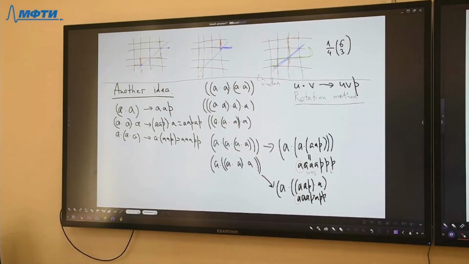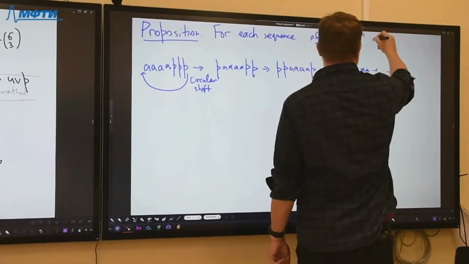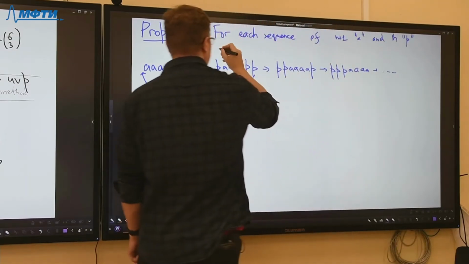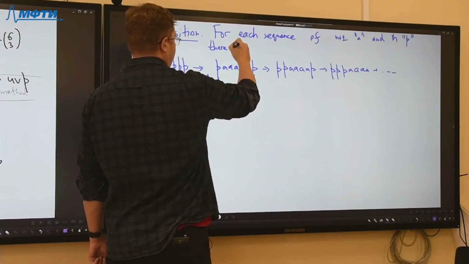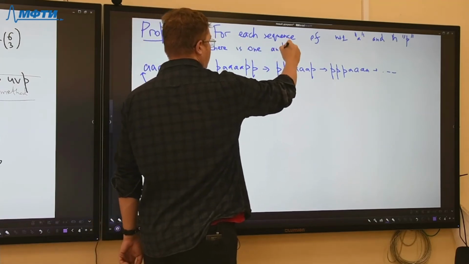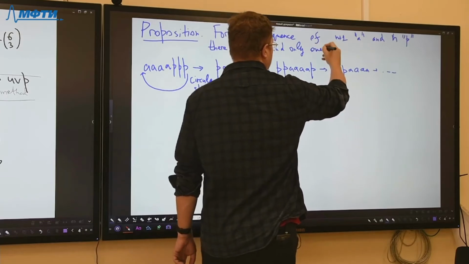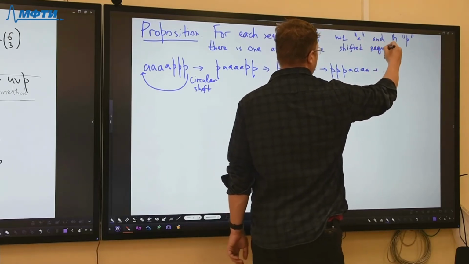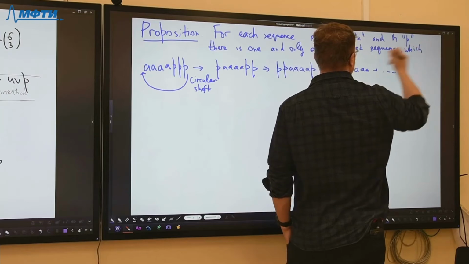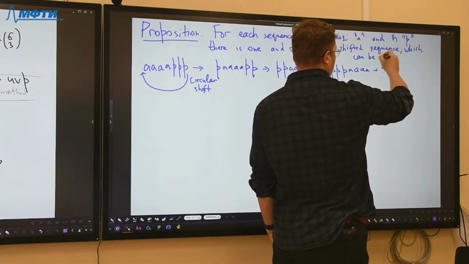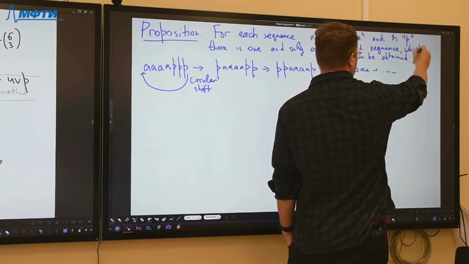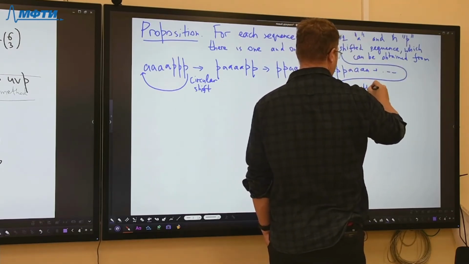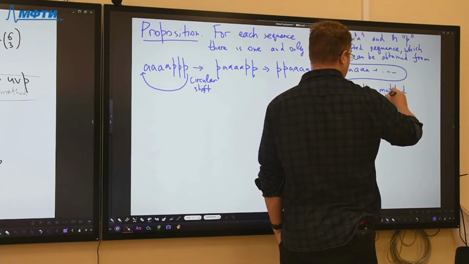So for each sequence of n plus 1 A's and n P's, there is one and only one shifted sequence which can be obtained from correctly matched brackets.